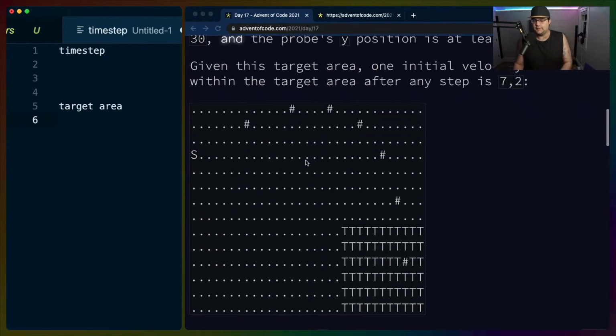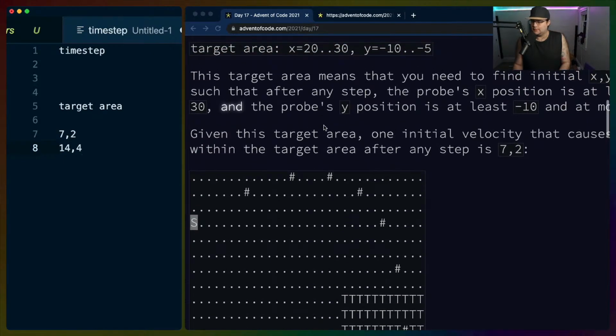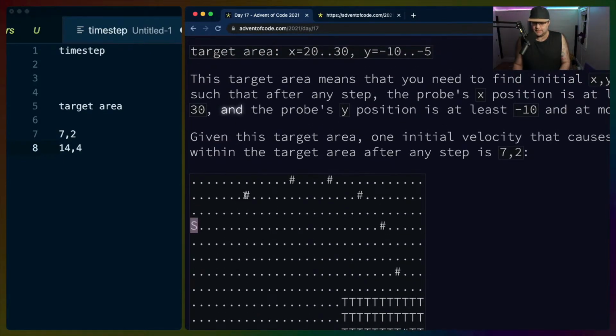Let me just, so this is 0, 0 then? So then we get like 7, 2 and 14, 4, but it's not 14, 4, it is, what, 13? 7, 8, 9, 10, 11, 12, 13, 3.